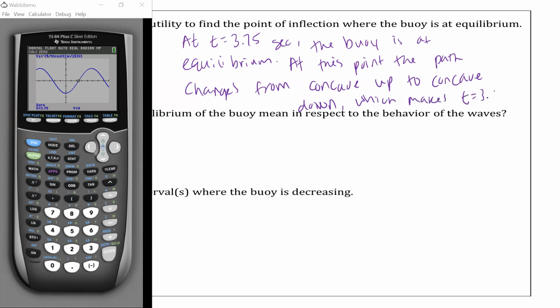T equals 3.75 is a POI. Okay, there's that. Then what was next? What does equilibrium of the buoy mean in respect to the behavior of the waves? I may have answered that.